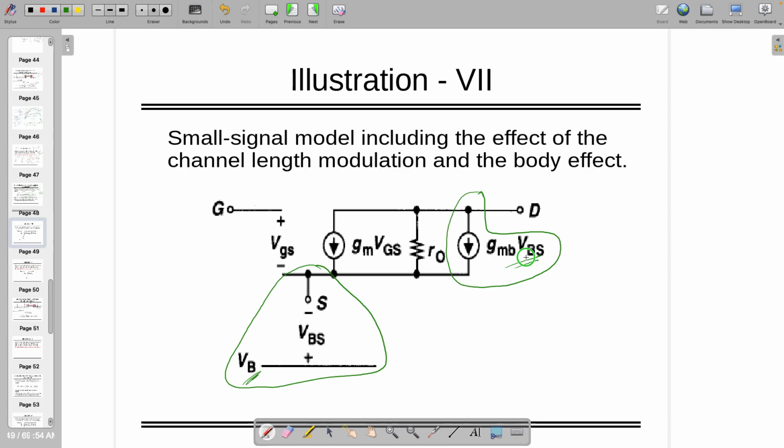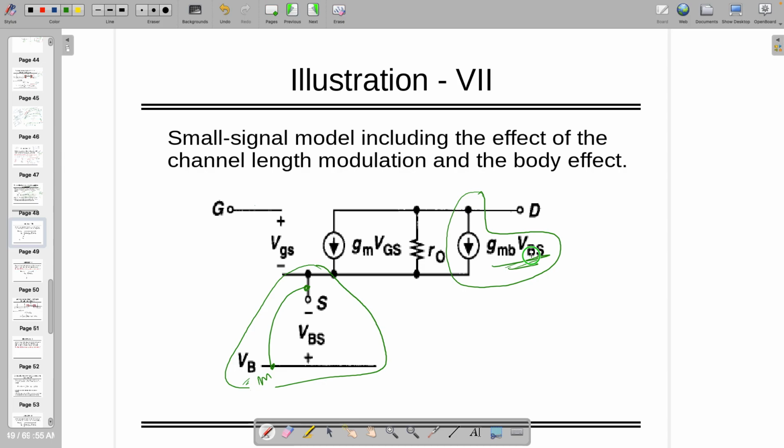So this will happen if you connect a sine wave here and the sine wave is also here, or if the body is moving somewhere, the same you can observe over here. This is the second order effect, where you are not connecting body with source. If body and source are not tied together, then you will see some extra current over here.